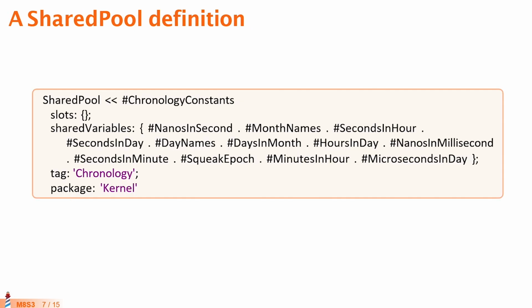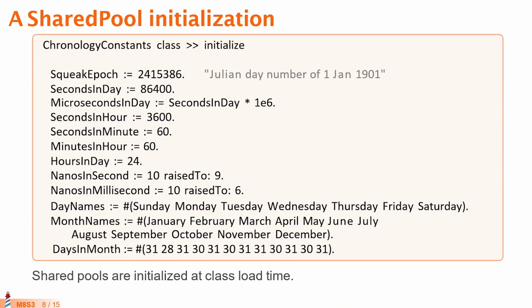For example, the chronology constants, like how many nanoseconds there are in a second, the month names, how many seconds are in one hour, the days in months, are defined in a ChronologyConstants shared pool, which inherits from the class SharedPool, and it defines a set of shared variables.